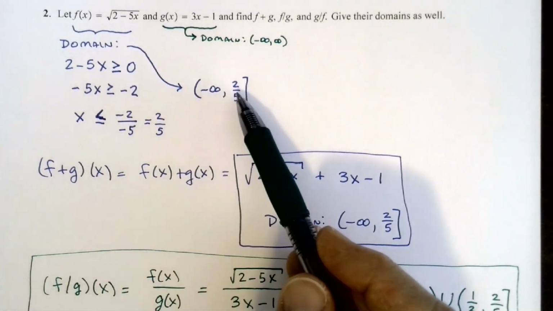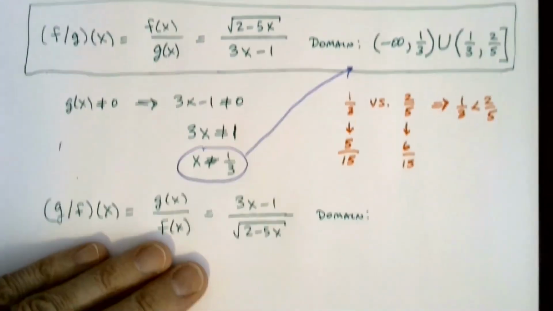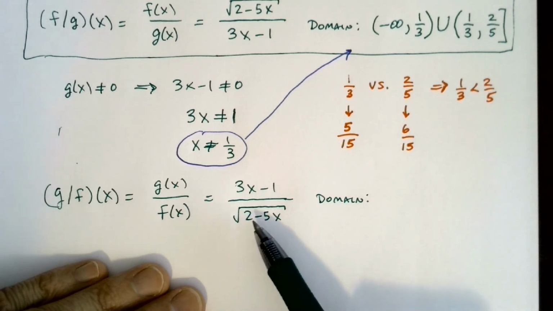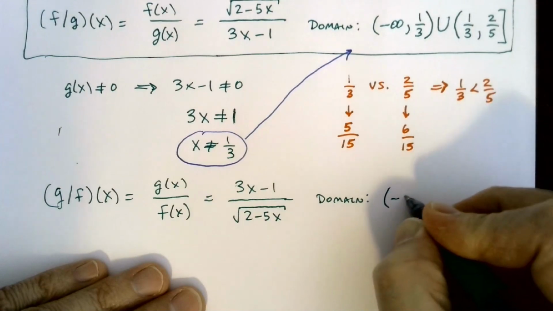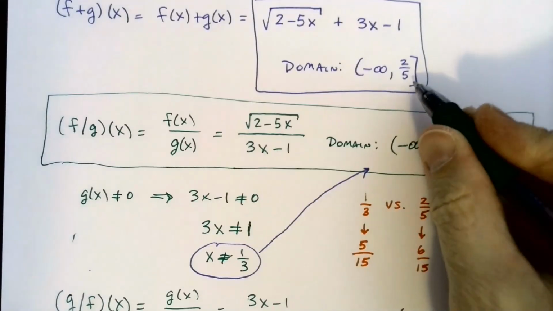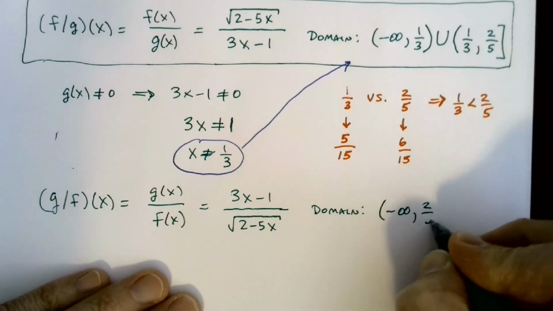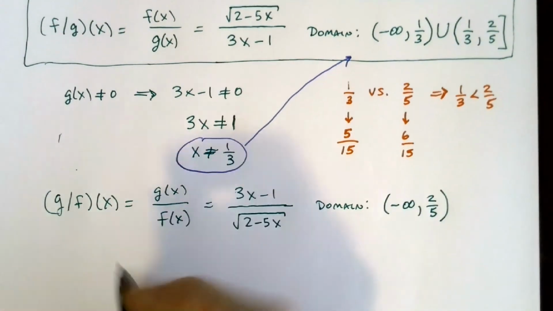That's why we included 2/5. If I plug in 2/5, f of 2/5 is 0. But now, since I'm dividing by the output of f of x, I cannot divide by 0. So the restriction on the domain is simply to change it from minus infinity to 2/5, but this time we exclude 2/5 because that would make us be dividing by 0.